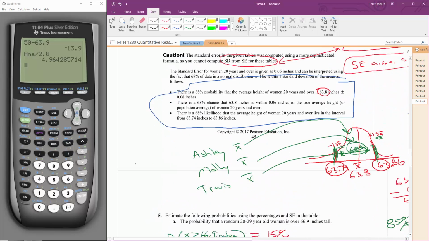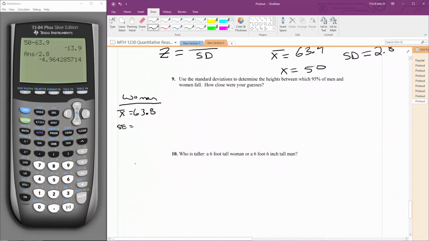Or no, we're not. So we need standard deviation, right? Because here we're not talking about a distribution of x bar. We're talking about distribution of x, right? We're saying each individual woman falls, right? So in other words, here's my distribution, here's my mean, and I'm looking at each specific person individually, right?